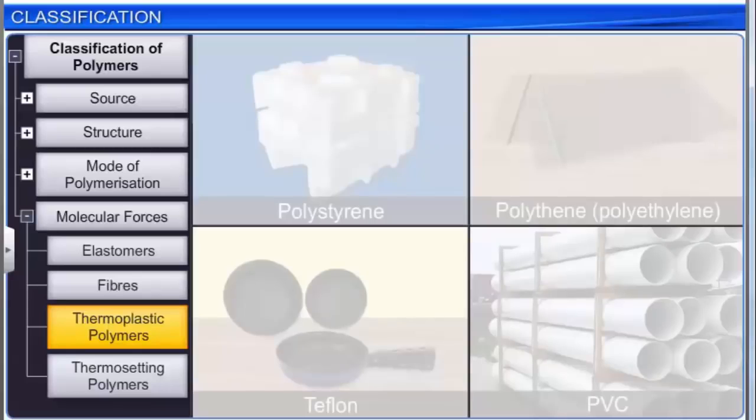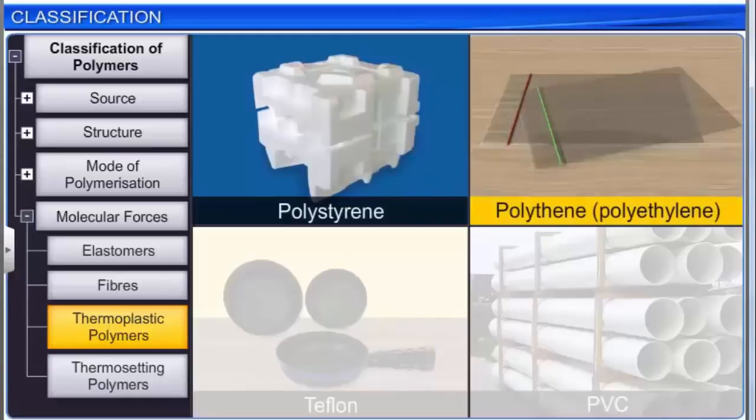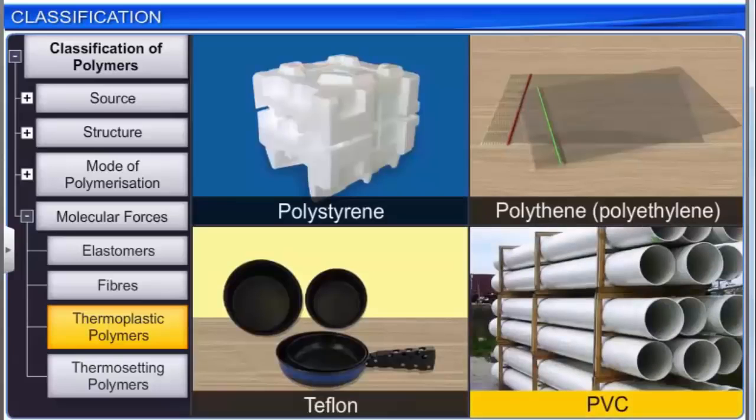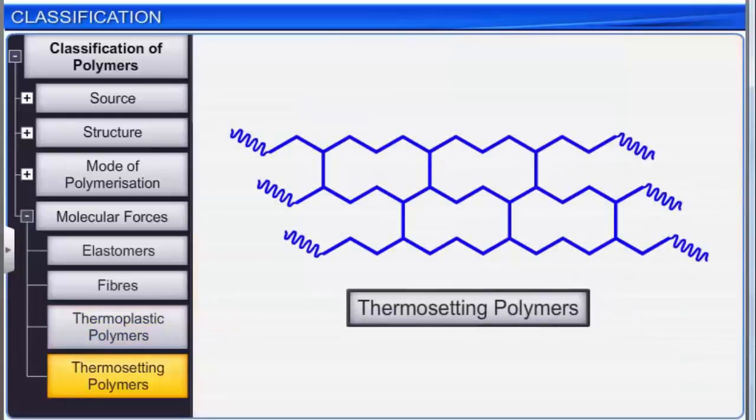Some examples of thermoplastic polymers are polystyrene, polythene or polyethylene, and Teflon, and polyvinyls such as PVC. Thermosetting polymers, once set, harden permanently and cannot be reused.